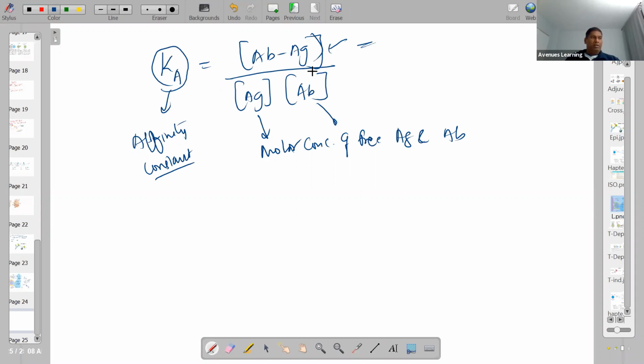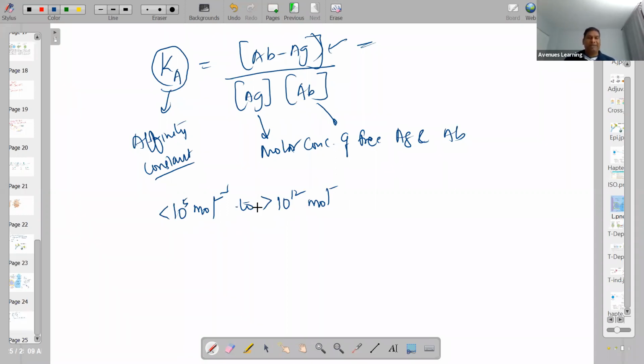Now, the values of Ka, the affinity constant, are usually in the range of less than 10 to the power of 5 mole inverse to greater than 10 to the power of 12 mole inverse.